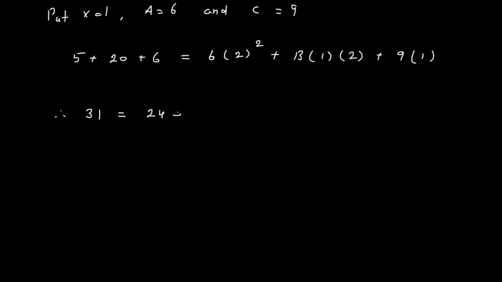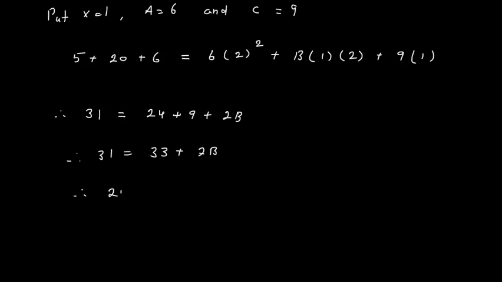This is plus 9 and this is b into 2, so it will become plus 2b. So 31 is equal to 24 plus 9, 24 plus 6 is 30 and 3 is 33. So this 31 will become 33 plus 2b.